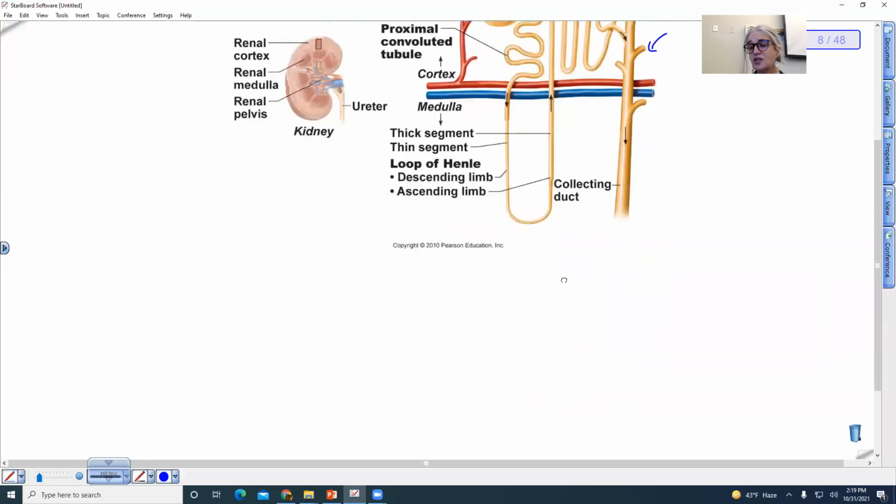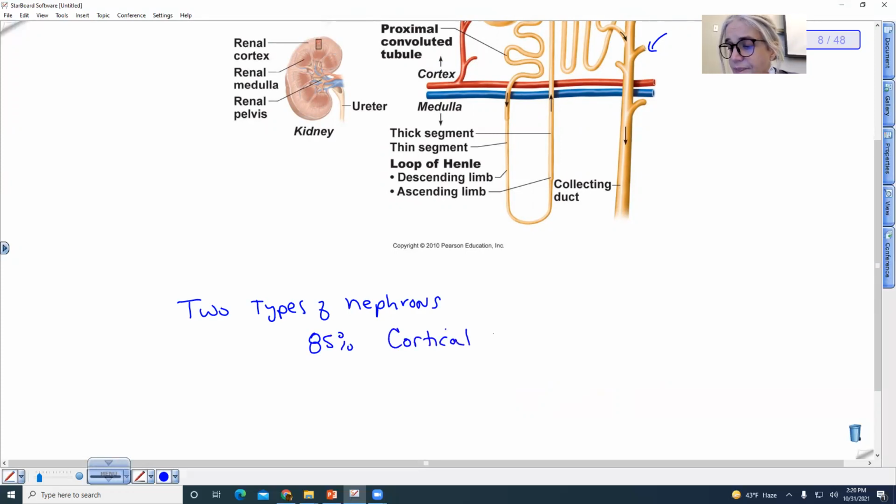Now there are actually two types of nephrons in your body. About 85% of the nephrons are said to be cortical nephrons. They are mainly located in the cortex. They do not have long loops of Henle.